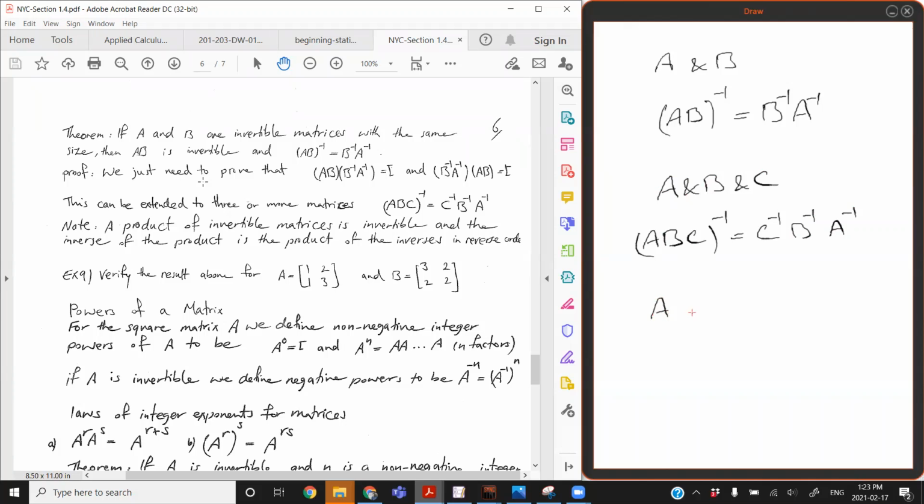So if A and B and C and D are all invertible, then the product ABCD is invertible, and the inverse is going to be D inverse times C inverse times B inverse times A inverse. So the inverse would be the product of the inverses in reverse order.